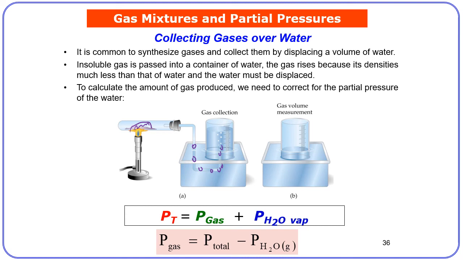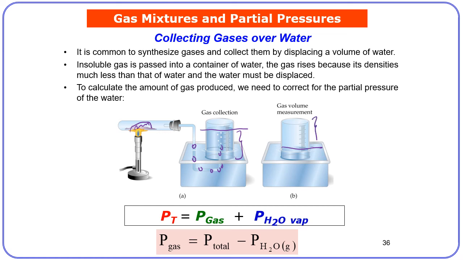Here we can see this is the water level, and after the reaction has ended, the experiment is completed. It means there are gases collected above the surface of the water in the container.